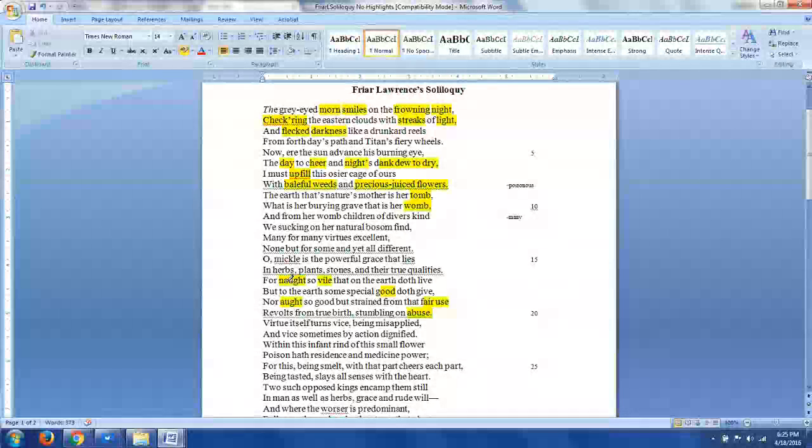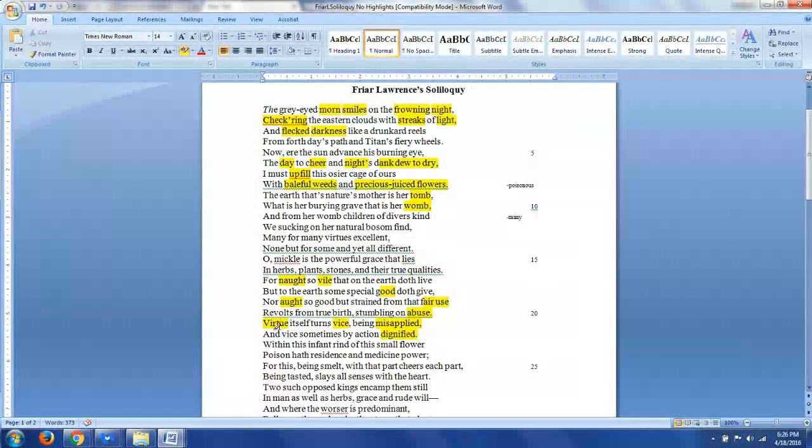So it's basically saying that nothing is so evil, vile means evil, on earth that cannot be used for good, just like there's nothing so good that can't be abused and used improperly. And then it goes on to talk about virtue, which is morality, and vice, which is immorality, good moral qualities and bad moral qualities, and misapplied and dignified are also used as opposites in this context.